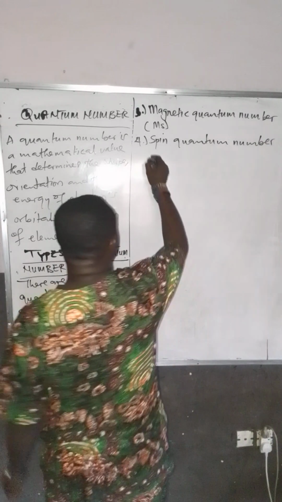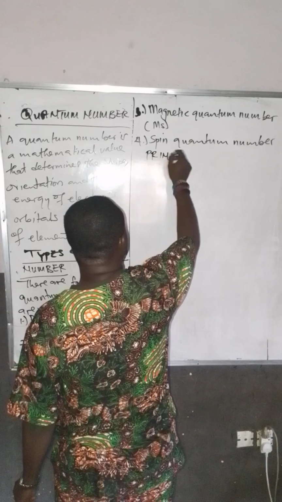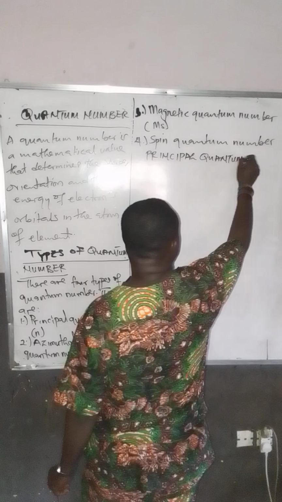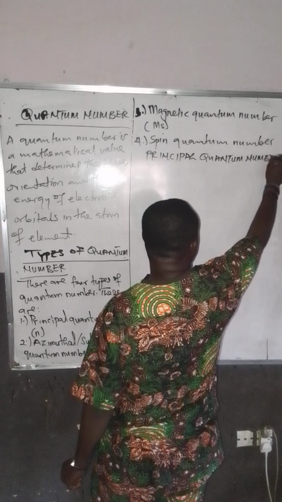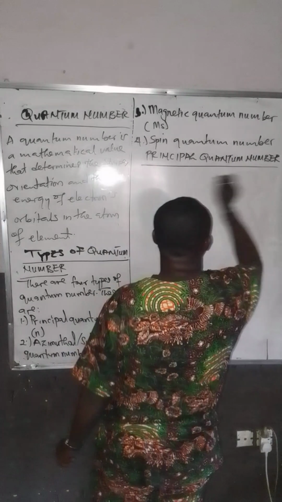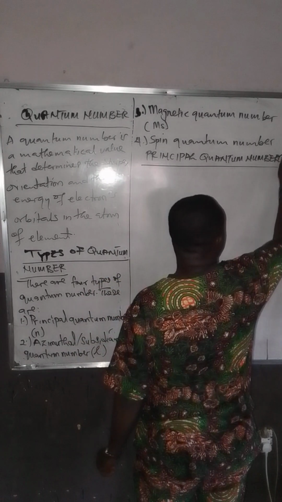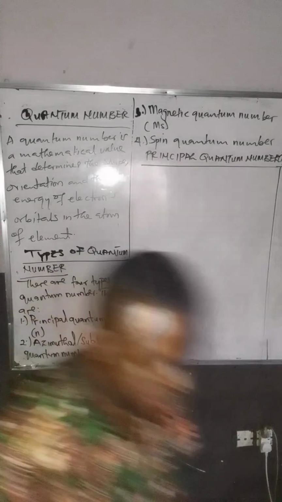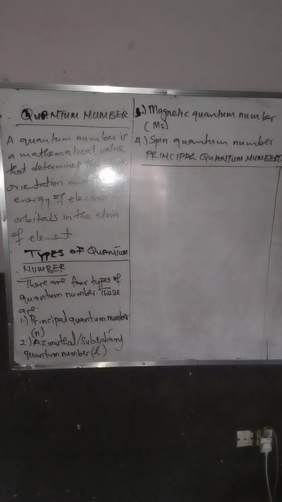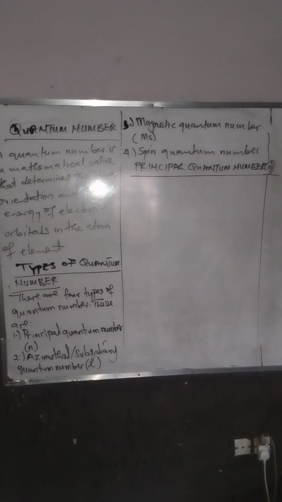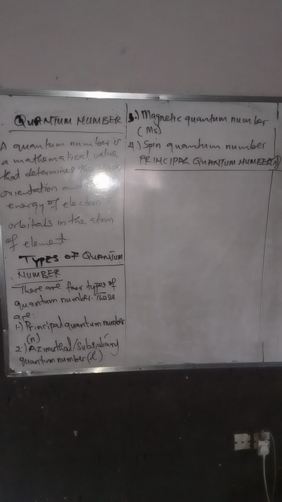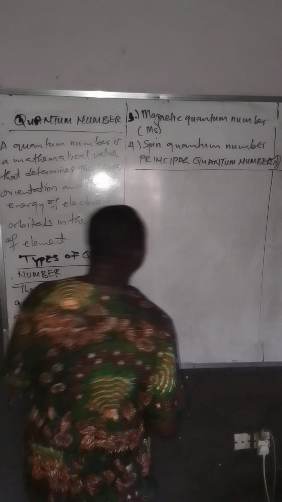So let's take them one by one. Principal quantum number, which is denoted by small letter n. So take note of that. Now, what is principal quantum number?